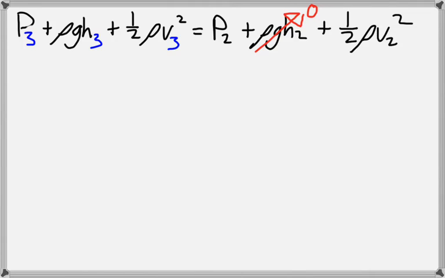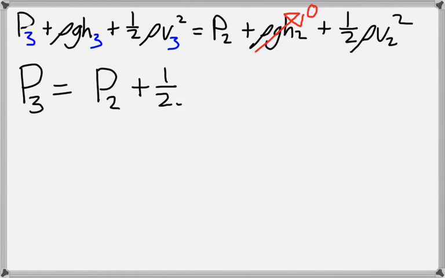And so if I'm looking for P3, not going to change the P2 plus 1/2 rho V2 squared. But all I've got to do here is just subtract those two terms from both sides.